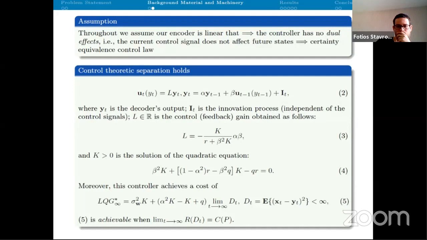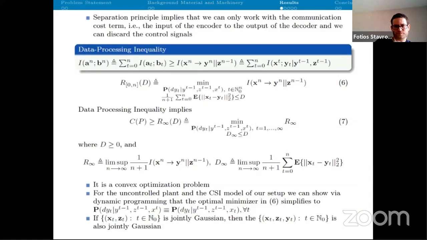Then, in order to show that these bounds are achievable, one needs to ensure that the rates operate at the channel capacity of the noisy channel. Since the separation principle applies under our assumptions, we will only consider the communication link in the closed-loop system.